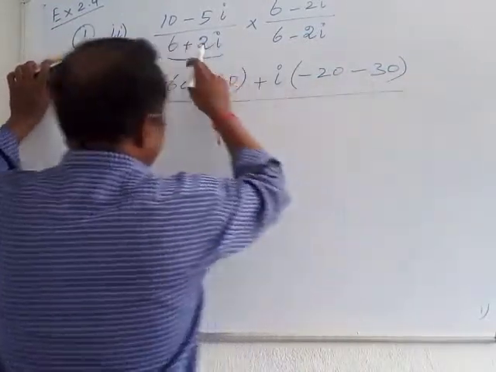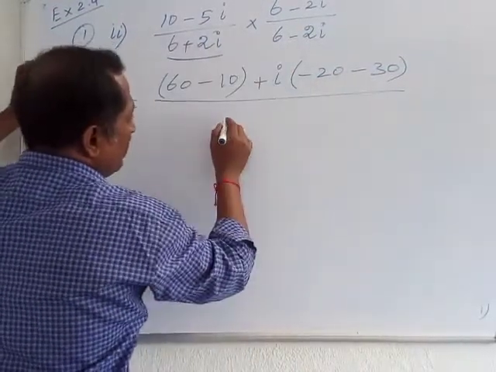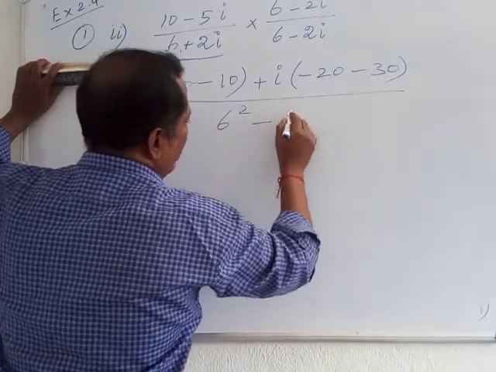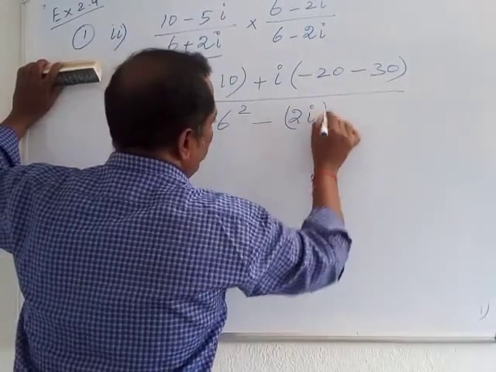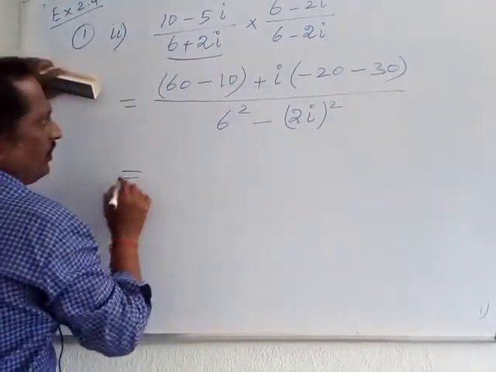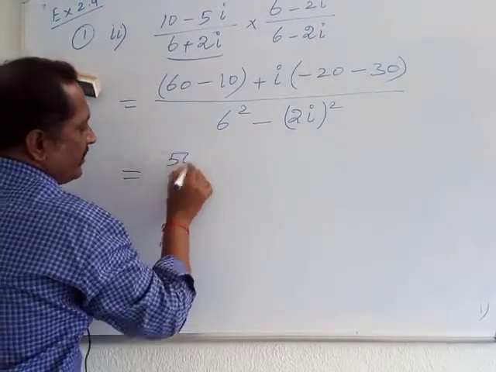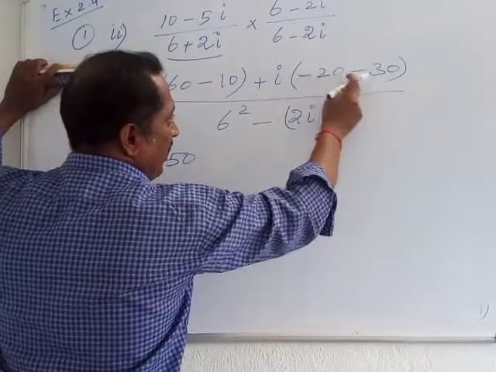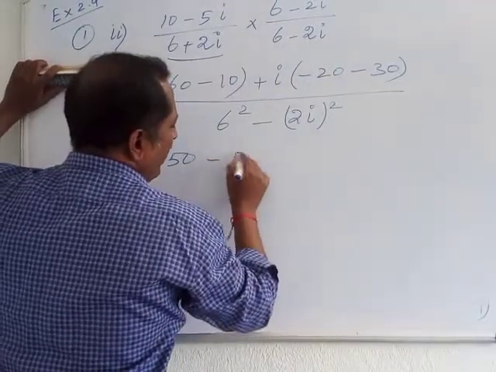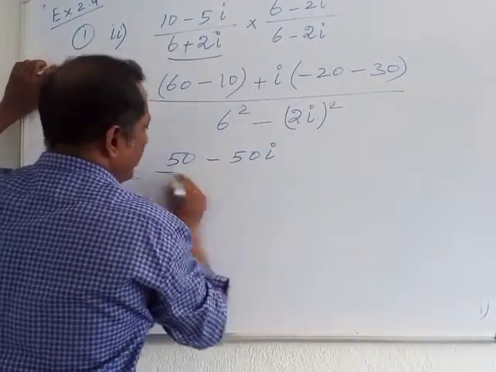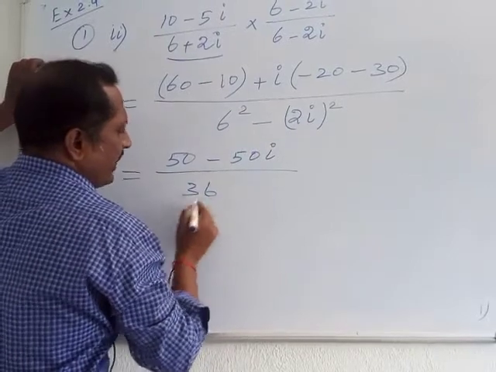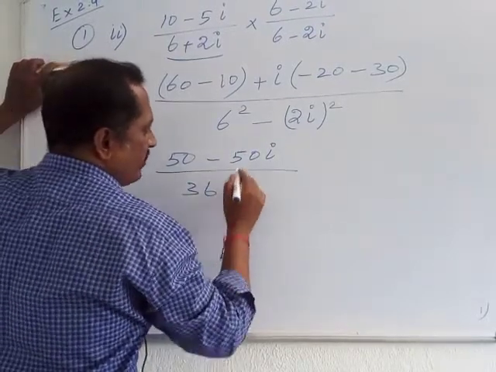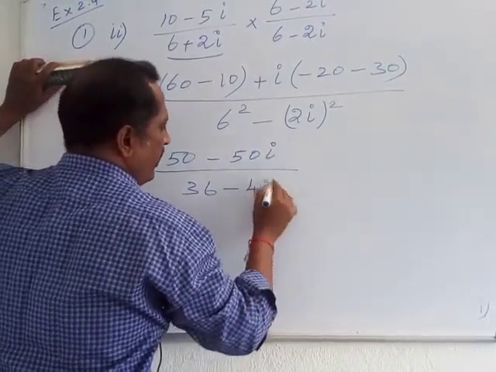Divided by, this is in the form of (a plus b) into (a minus b), that is 6 squared minus (2i) the whole squared. So 60 minus 10 is 50. Both are negative, adding these values we get 50i divided by 6 squared is 36 minus 2 squared is 4i squared.